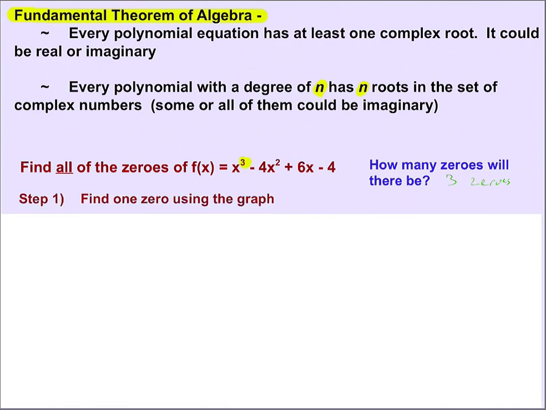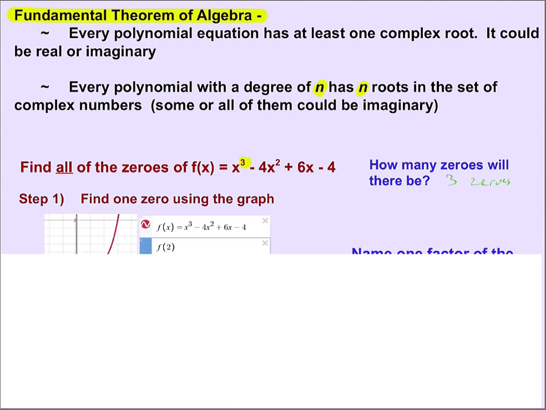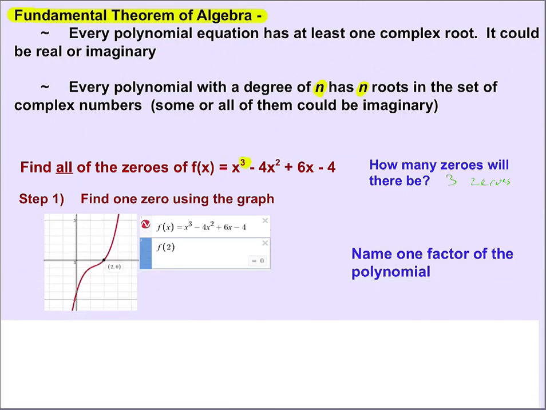And so step 1, we're going to use the same connection we made last class. We talked about the graph of the function. We can find a zero by looking at the graph. Next class, we'll talk about what to do if you aren't allowed to graph or don't have a grapher in front of you. But we'll start by looking at the graph. And here's the graph of x cubed minus 4x squared plus 6x minus 4.